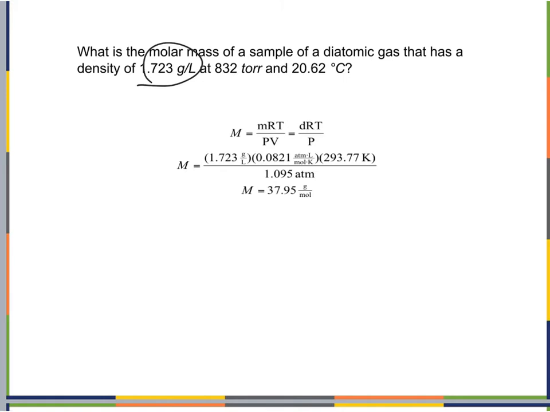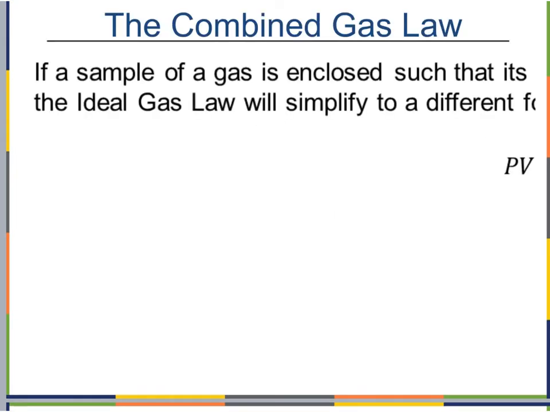And again, density was little m, mass, over volume, and so that volume term is now gone in here, and all we have is pressure at the bottom there. And we can come up with a molar mass of 37.95. You could look at the periodic table and figure out what diatomic that is.